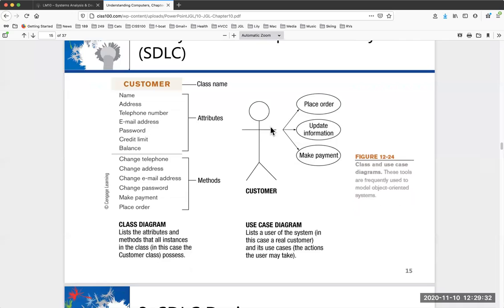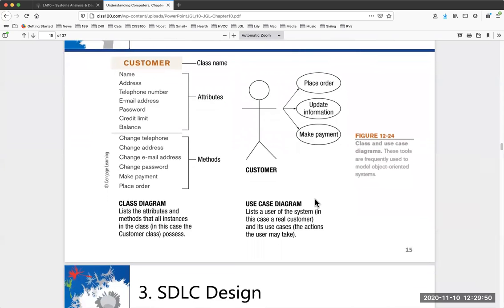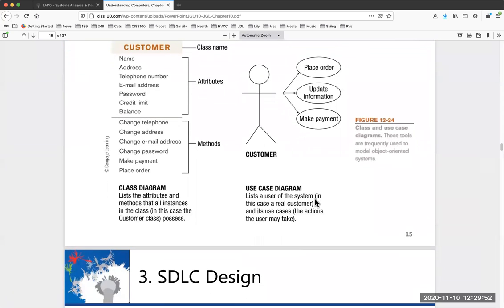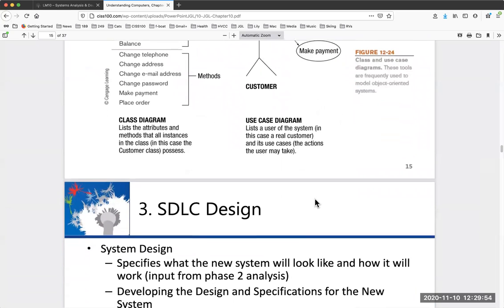Use case diagrams, what can an object do, okay? A customer can place an order, update their information, make a payment, okay? These are the permissible things. And note, it's the customer that updates their information. There's actually an object-oriented design, there's actually built-in security through encapsulation. I'll present that next week in programming.